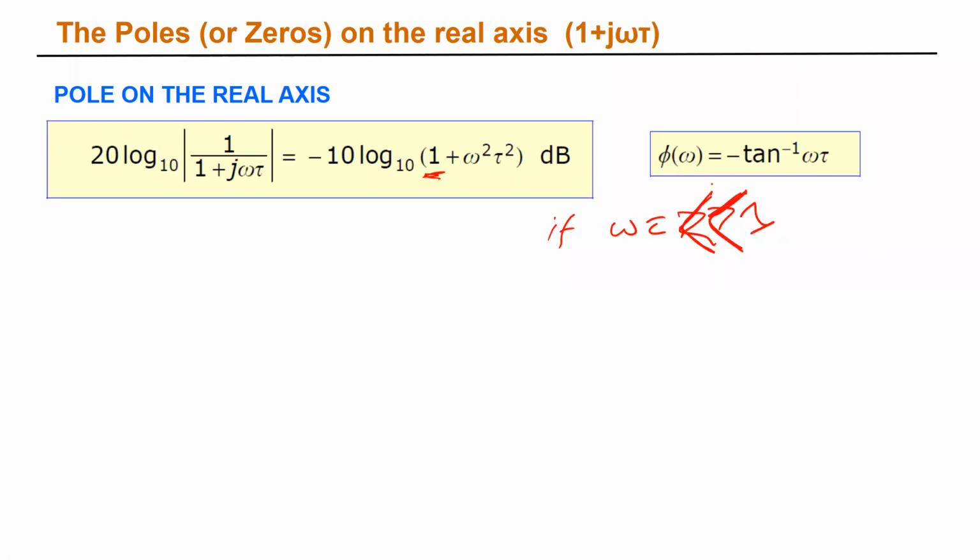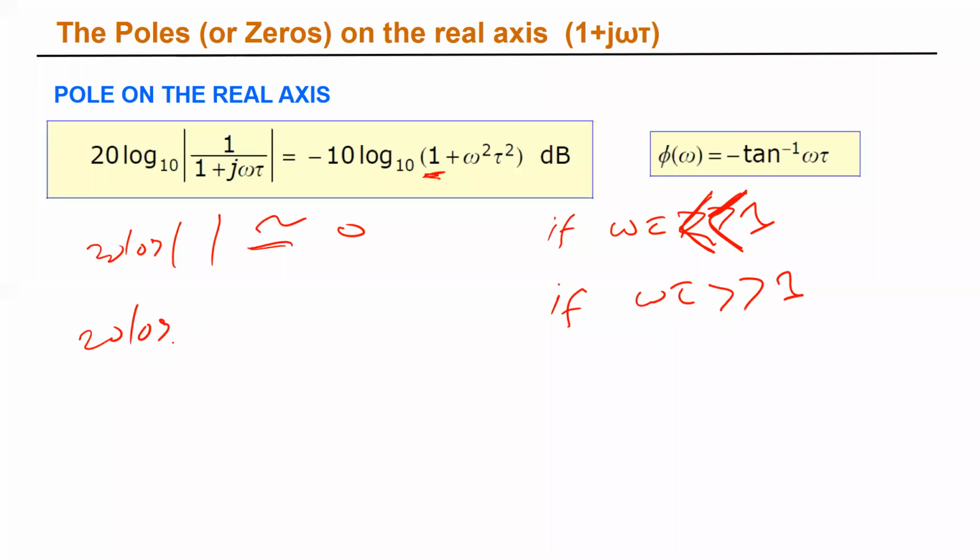If omega tau is much smaller than 1, it becomes 0, so in this case the 20 log is approximately equal to 0. If omega tau is now greater than 1, the 20 log 10 of the magnitude is equal to, I will ignore the 1 and take the square out, so it's going to be minus 20 log omega tau.